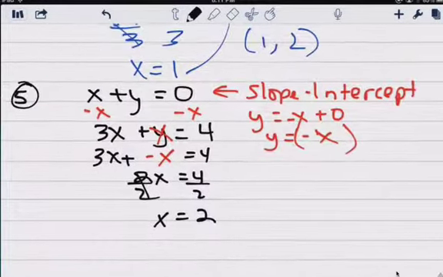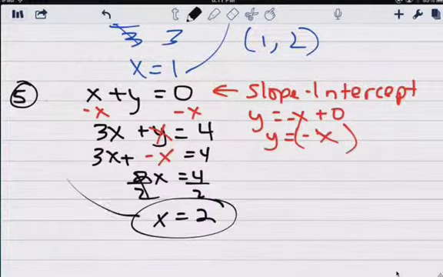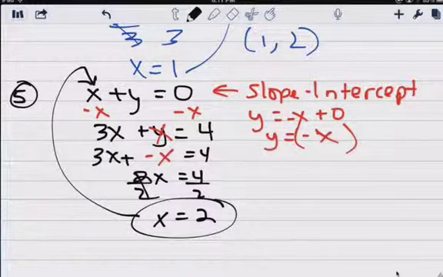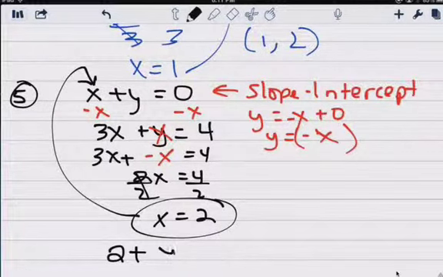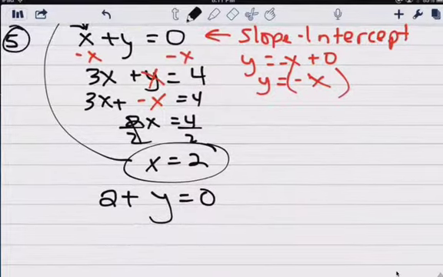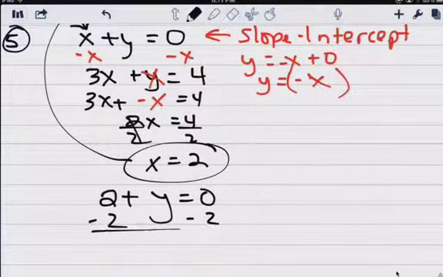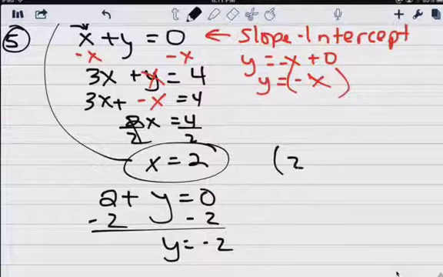If x equals 2, substitute it into here. 2 plus y equals 0. Then y is negative 2. So my answer is 2, negative 2, which is the one that needs to be crossed out.